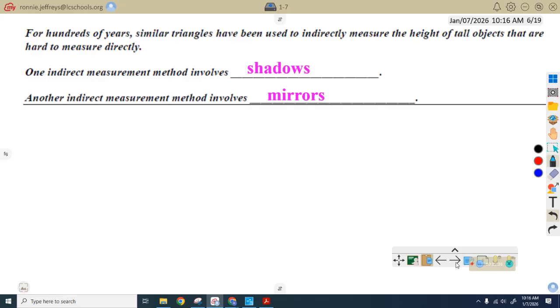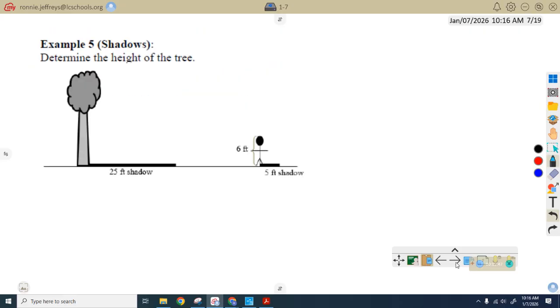Okay, shadows and mirrors. Here's our shadow thing right here. This makes a triangle, and this makes a triangle. The reason I can do this is by side, angle, side.